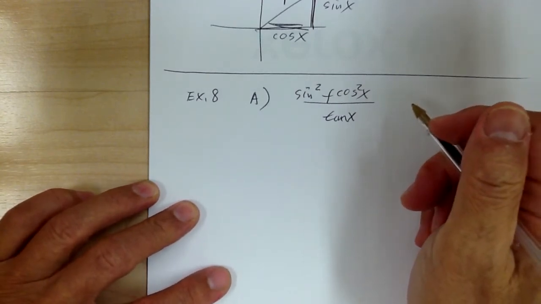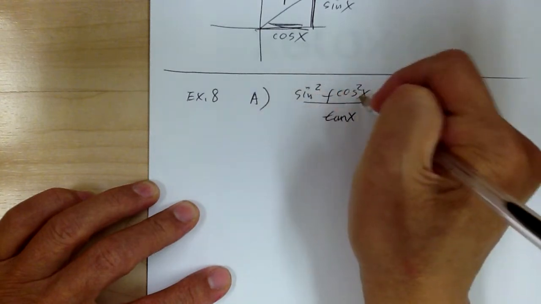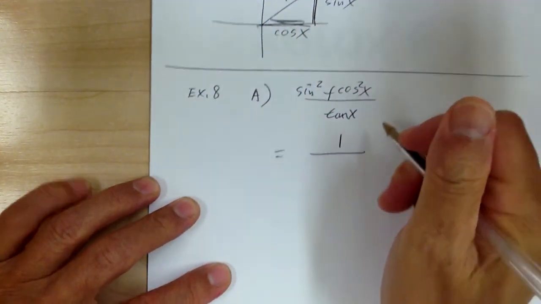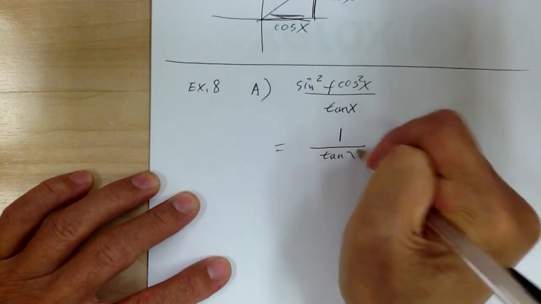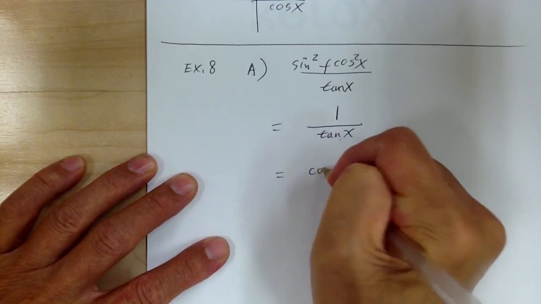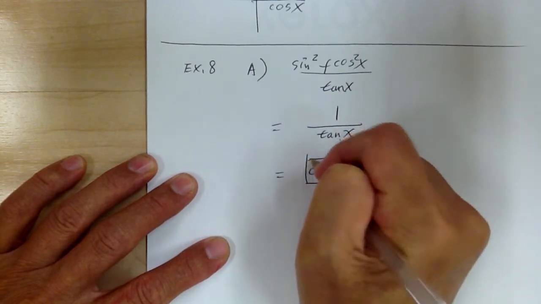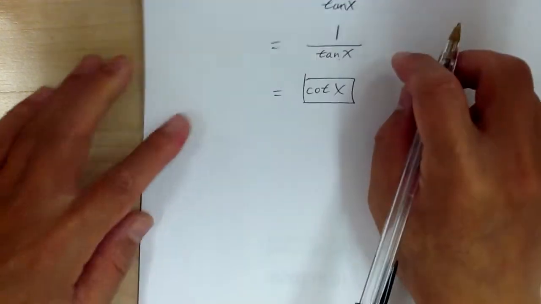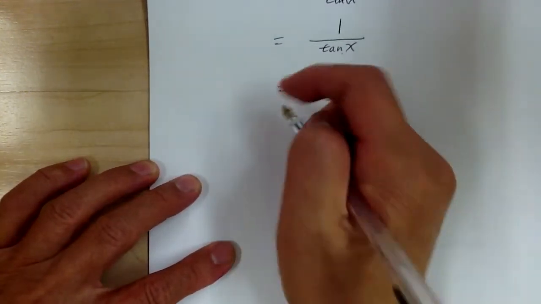So sine squared plus cosine squared we know is equal to 1. So this is 1 over tangent, which equals cotangent x. This one you don't even have to change into sine and cosine, but most of the time you want to try to change into sine and cosine if you can.